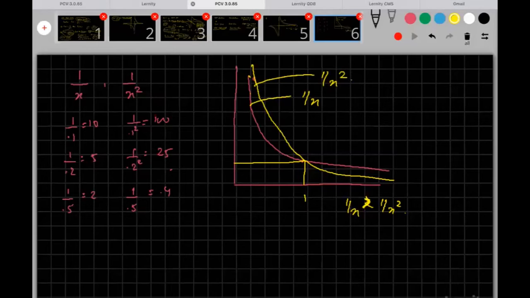They both will be starting at the same point, but this is coming gradually and this is coming down faster. But at 1, 1, both of them intersect, and then this will become lesser than this.